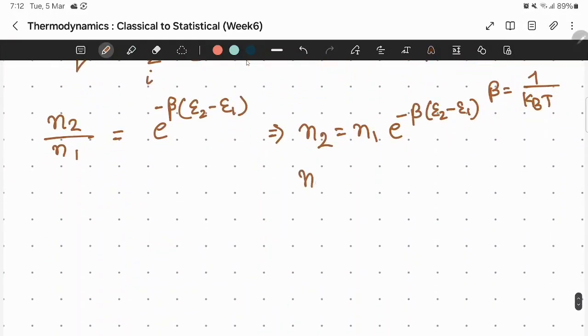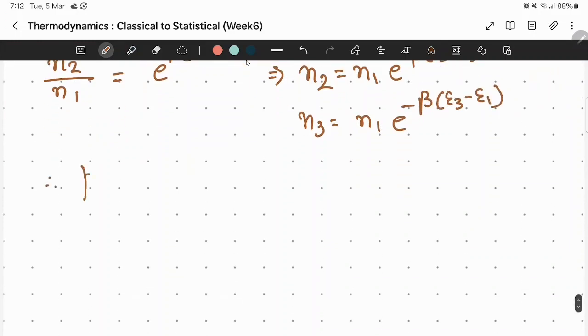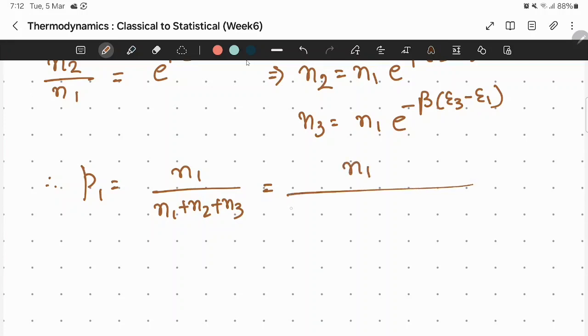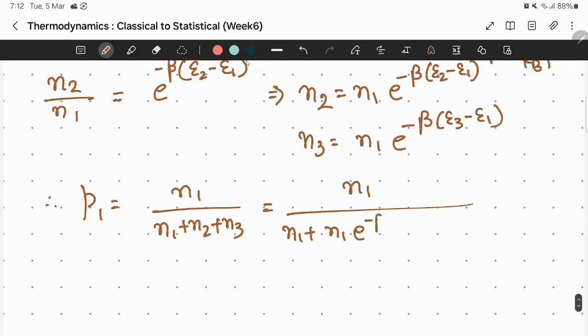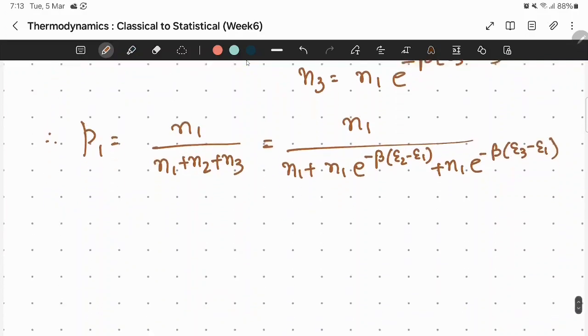Similarly, what will be N3? N1 into e to the power minus beta (E3 minus E1). Now if you find P1, it should be N1 divided by N1 plus N2 plus N3. Correct? So you can write N1 divided by N1 plus N1 into e to the power minus beta (E2 minus E1) plus N1 e to the power minus beta (E3 minus E1).